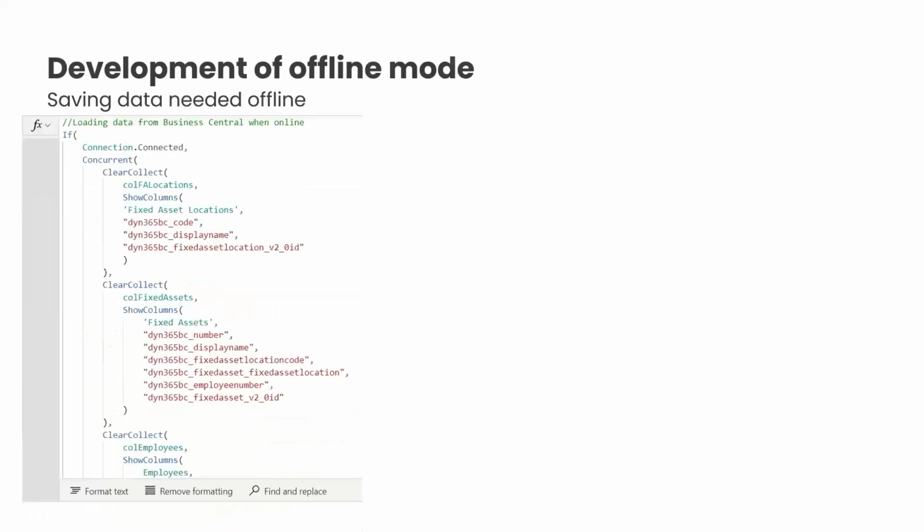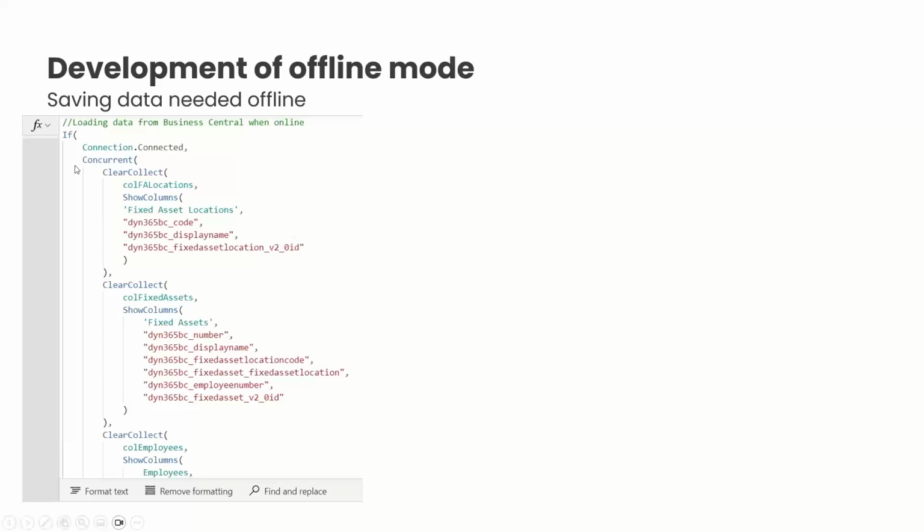And just to show you the process of saving the data to your device. First, we load the data from Business Central when we are online. We are just using this if statement, and when we are connected, we can create those collections.